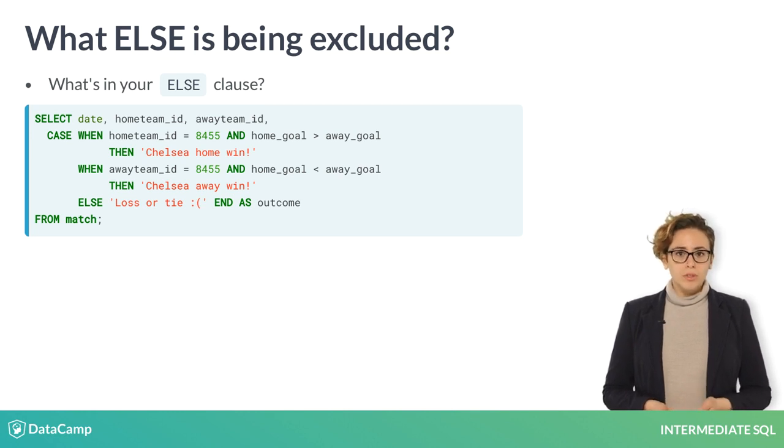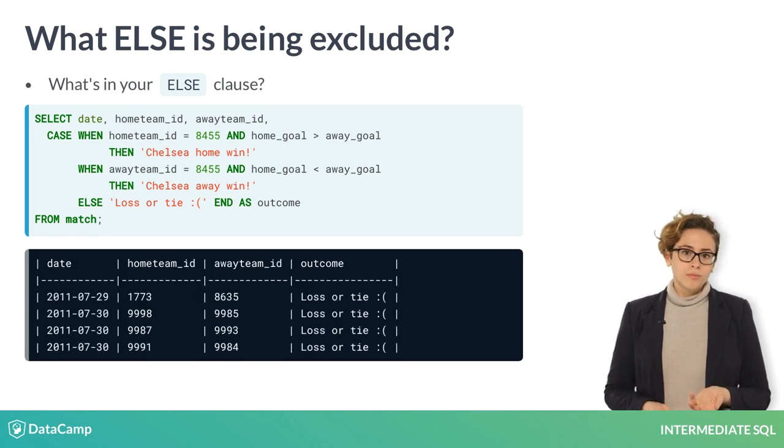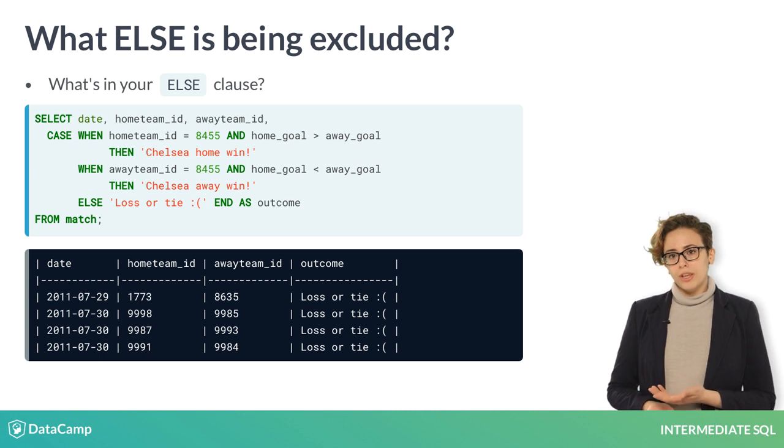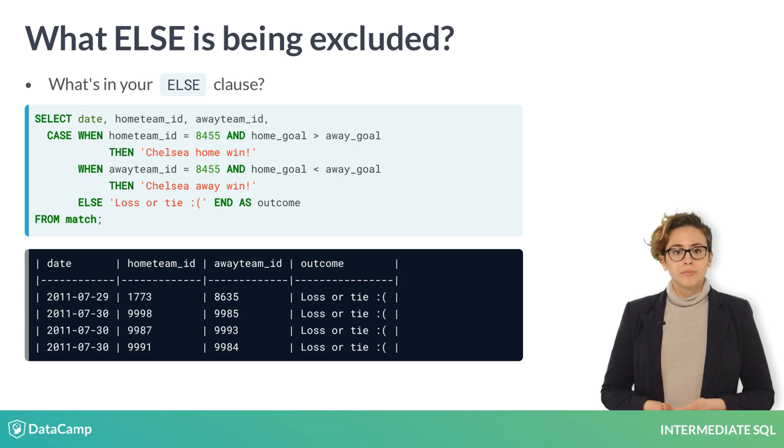Without this filter, your else clause will categorize all matches played by anyone who don't meet these first two conditions as loss or tie. Here are the results of this query. A quick look at it shows that the first few matches are all categorized as loss or tie, but neither the home team ID or away team ID belong to Chelsea.